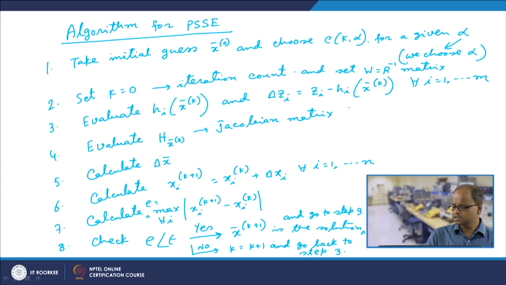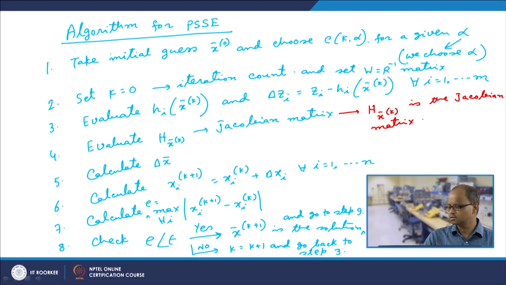Now this H(xk), we must note that H(xk) is actually the Jacobian matrix, you must note it, evaluated at x is equal to xk.